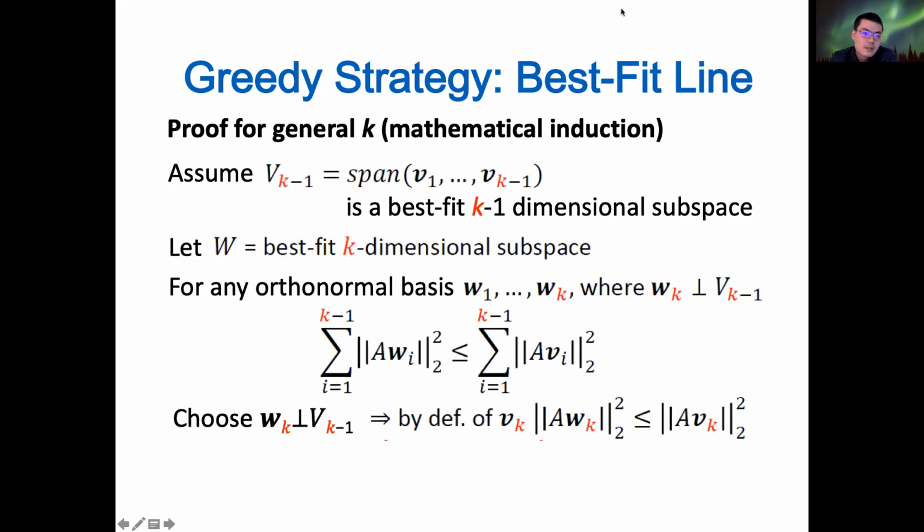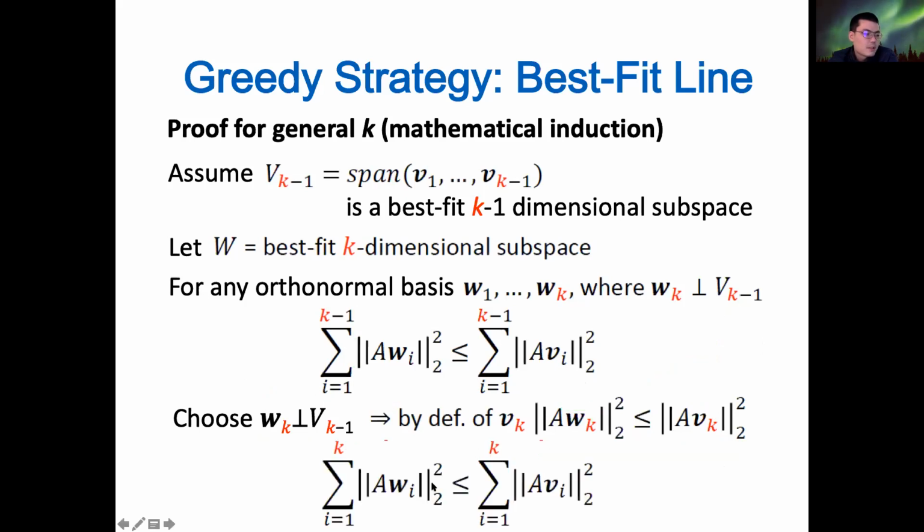You add up these two inequalities, combine with this, and this K minus 1 becomes all the way to K. That completes our proof. So this K can carry over to any number, which means the V's that we found by the previous method are really the best fitting V's. Any questions?